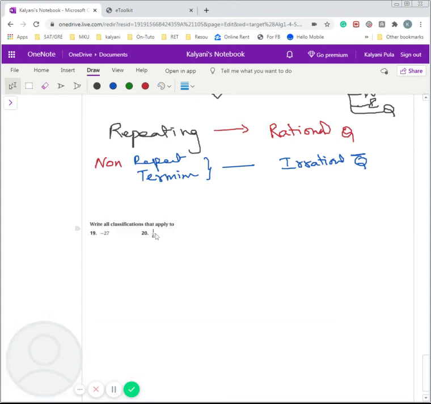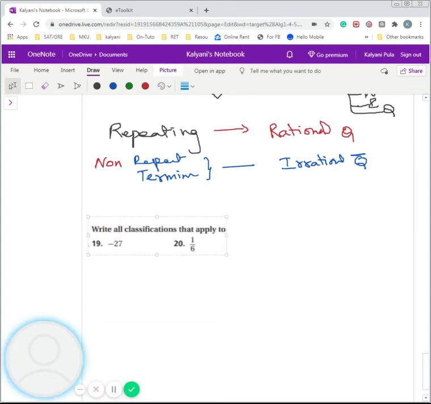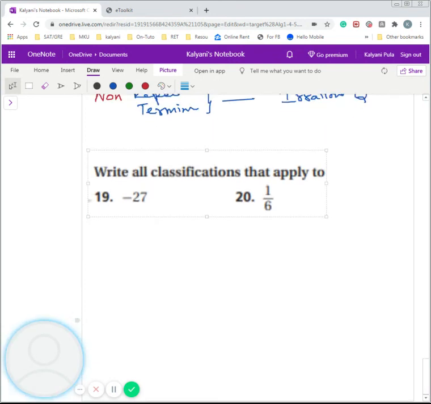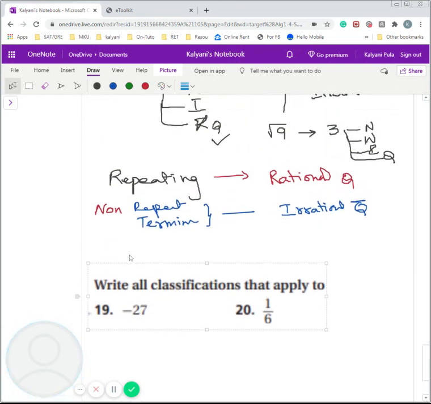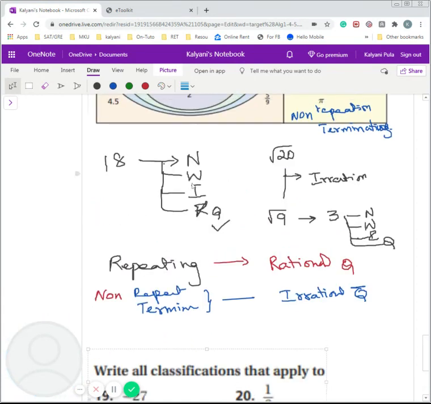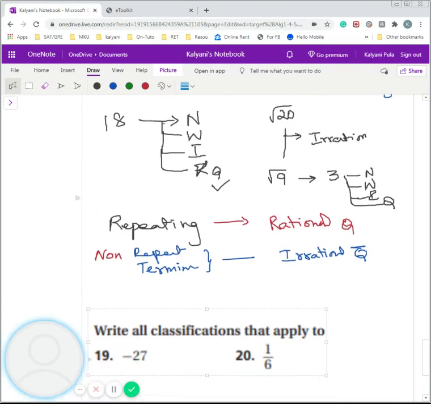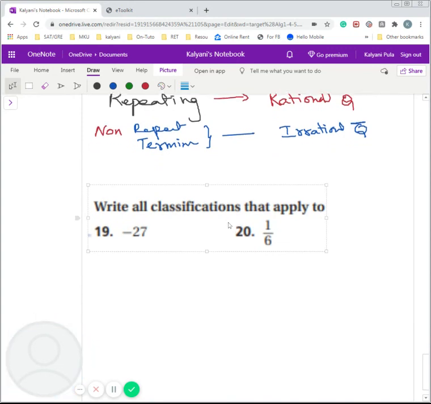All right, let's look into this question. On your paper, you can just write down what it belongs to, just like we did here: natural, whole number, integer, rational, irrational.